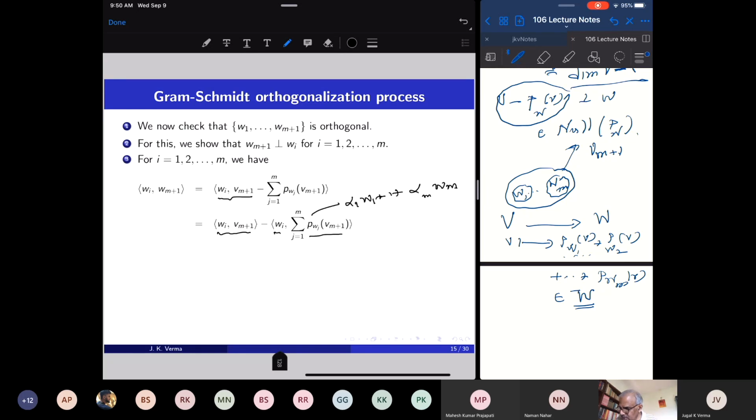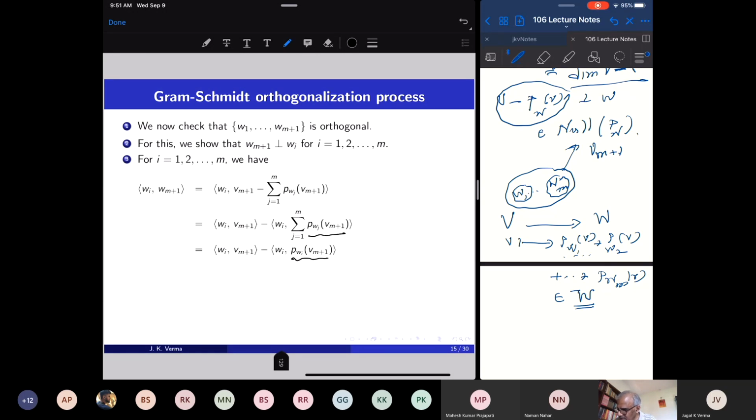So again I apply the multilinear property of the inner product, and the sum can be taken out. But I know that Wi with Wj inner product is 0 when i is not equal to j. So only one term will survive here, the scalar multiple of Wi. Others are scalar multiples of Wj, they are perpendicular to Wi when i is not equal to j. So I am left with this.